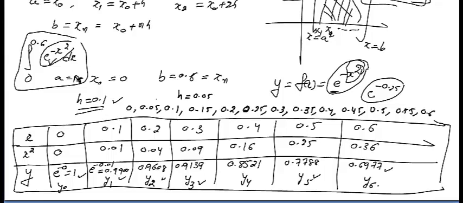So if you compare with the question that I have solved, we had y0 to y6. But here the corresponding values will be y0, y1, y2, y3, y4, y5, y6, y7, y8, y9, y10, y11, y12.